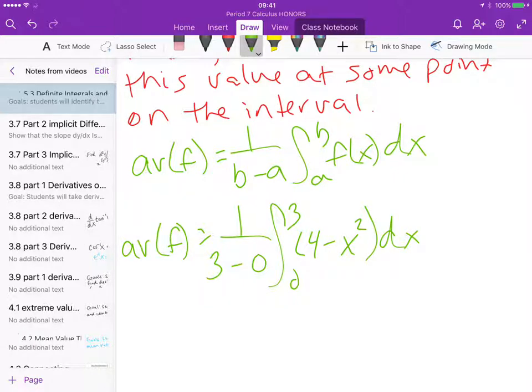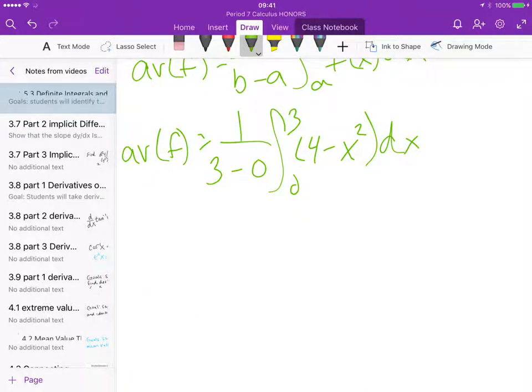Okay, and so now we're just going to do a quick evaluation of this particular integral. So it's really 1 over 3 minus 0 times the integral from 0 to 3 of 4 minus x squared. Doing our integral, we can see that it will have a value of 3.